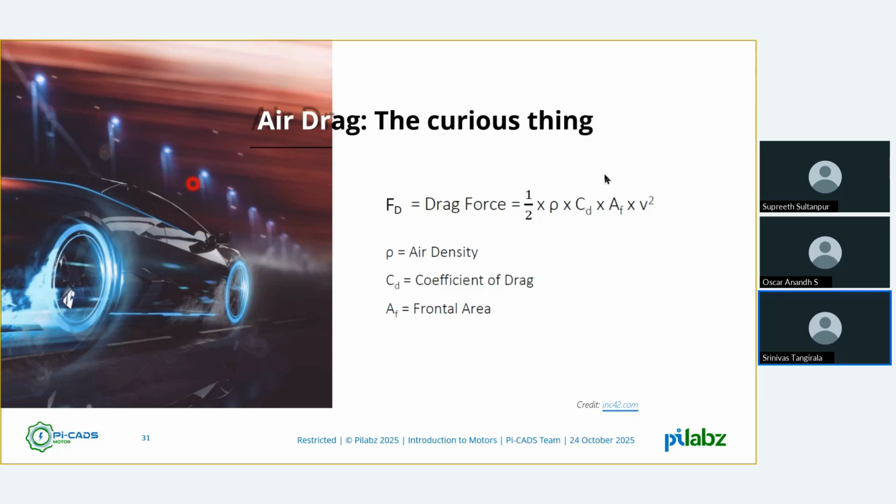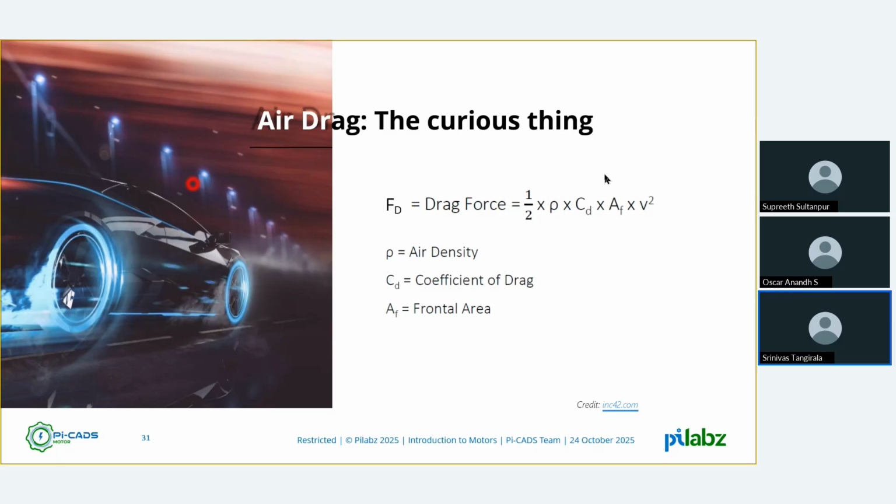At sea level, at the flat level, it will be much higher. And CD is the coefficient of drag, which is a constant determined by several other factors. It's basically a number which represents the force acting on the vehicle. And AF, of course, is the frontal area.